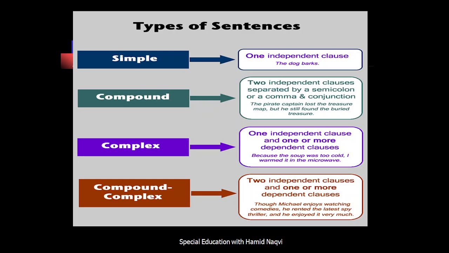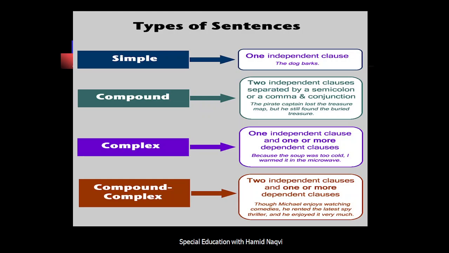There are 2 clauses. We now know what clauses are. Every clause has a subject and a verb or a predicate. In this type, there are 2 clauses, both are independent and they are joined by a conjunction or a comma or a semicolon. Here they are joined by but.